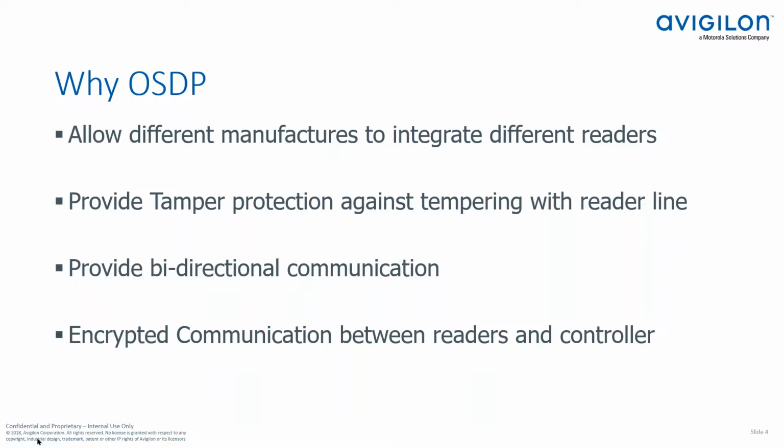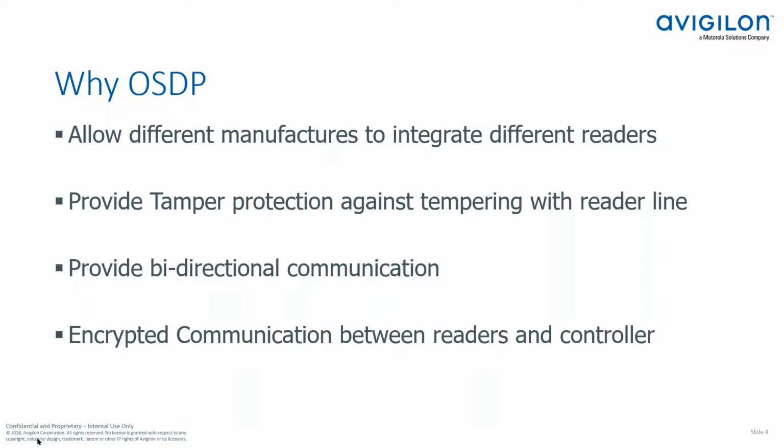You have that just by wiring the reader in OSDP format. If you want to do tampering, or in this case, a supervised reader using Wiegand, depending on the reader, you would have to create circuitry to provide that functionality. So it's a little bit more complicated.